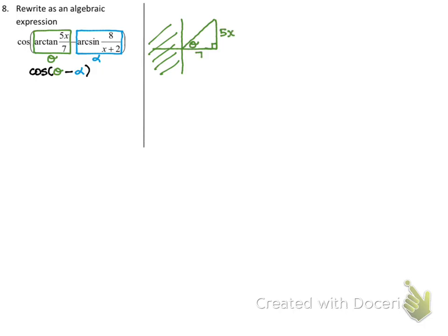Okay, a little bit of Pythagorean theorem. Let's figure out what this hypotenuse is. So it's going to be leg squared plus leg squared, square rooted. Okay, so I've made the green stuff exist. All right, let's do blue.